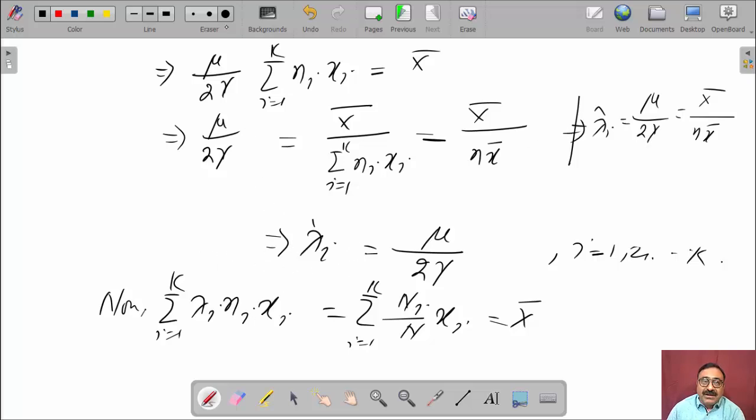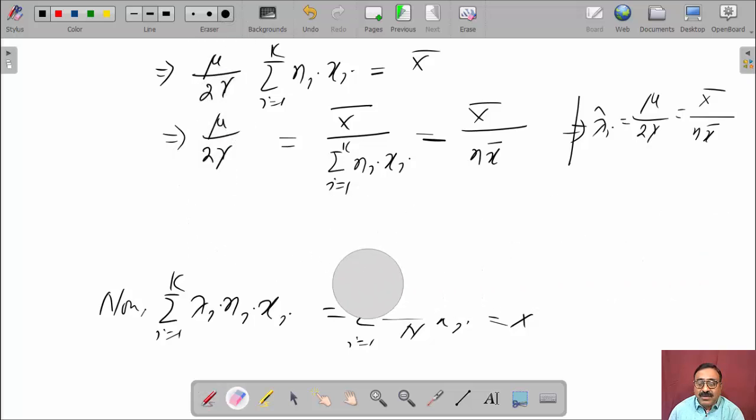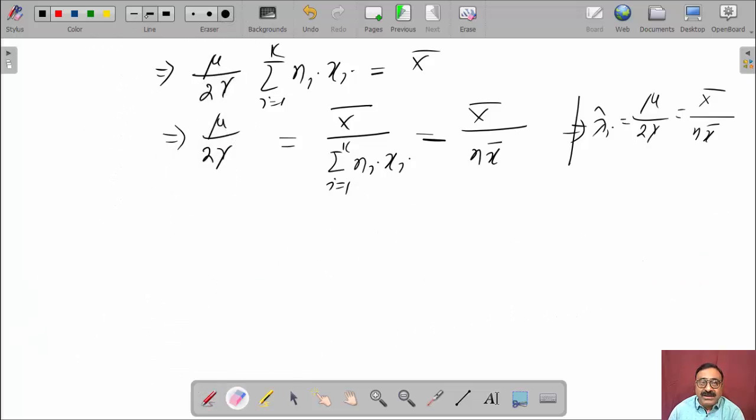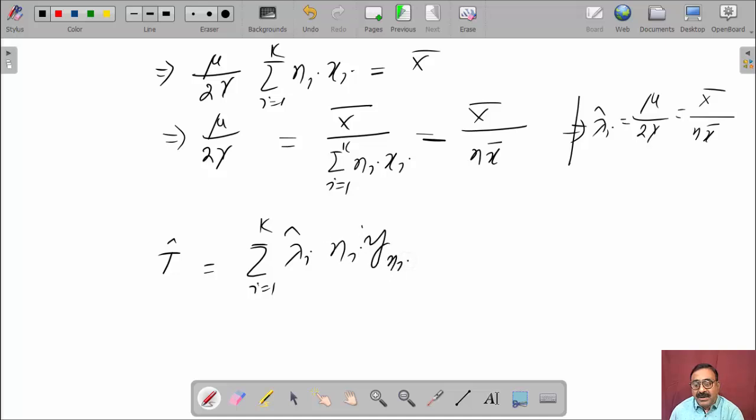So the best linear unbiased estimator of Y bar is given by t, that is equal to summation i equal to 1 to k lambda i cap n_i y n_i bar. So that is equal to X bar by n x bar summation i equal to 1 to k n_i y n_i bar.